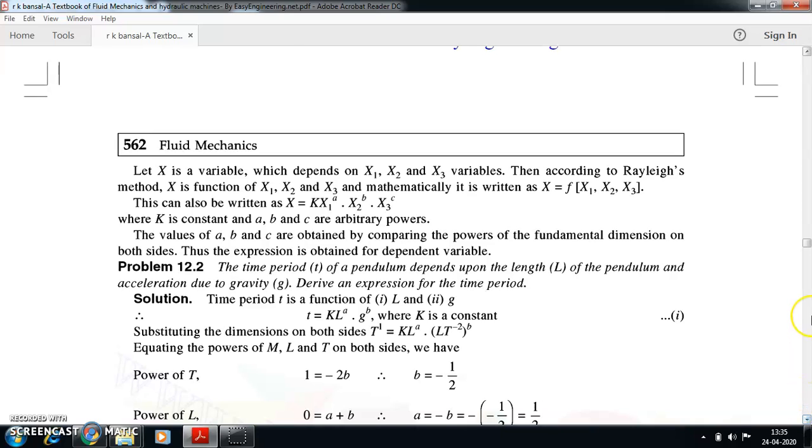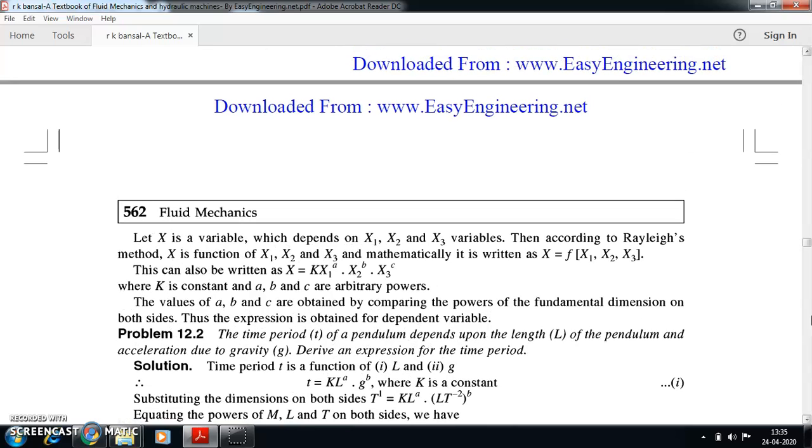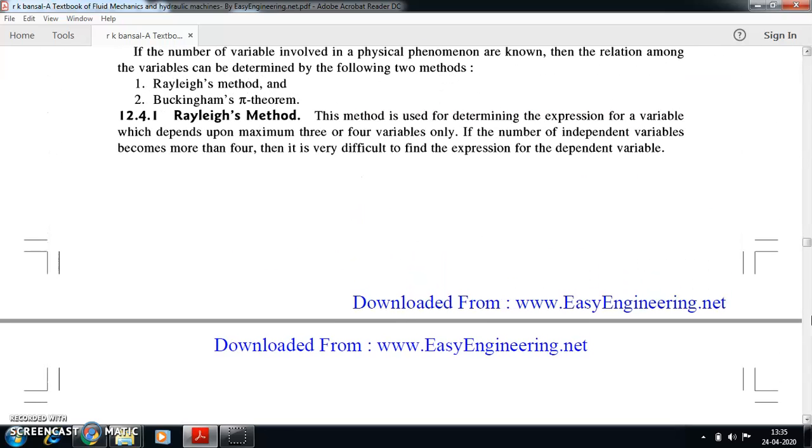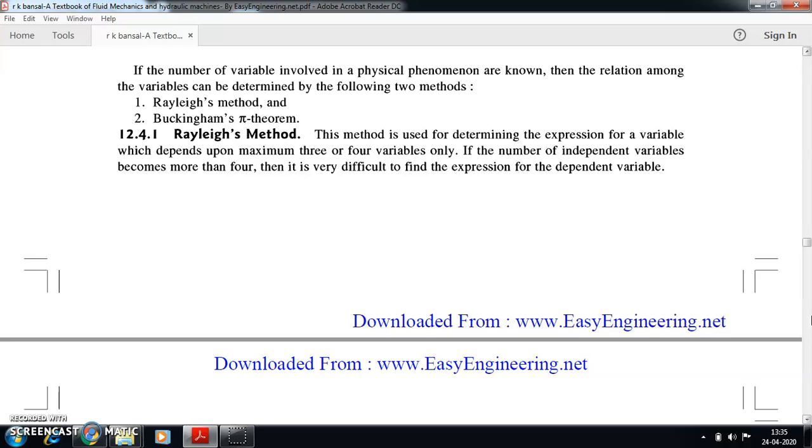If the variable is dependent on maybe 2 or 3 entities or a maximum of 4, you can solve the relationship using the Rayleigh method. If it is more than 4, then you cannot solve it with the Rayleigh method. So the Rayleigh method is used to determine an expression for a variable which depends upon a maximum of 3 or 4 variables, not more than this.